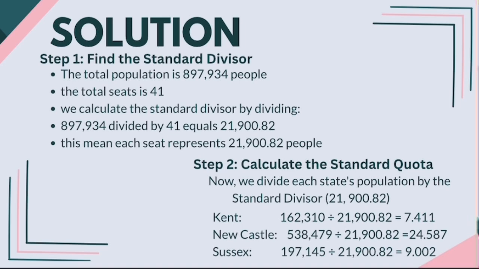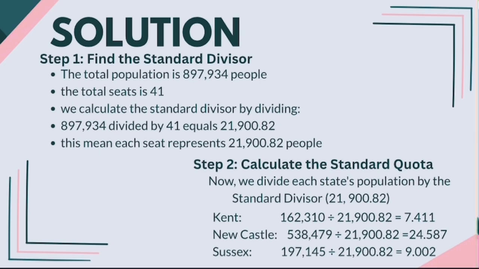We calculate the standard divisor by dividing 897,934 by 41, which equals 21,900.82. This means each seat represents 21,900.82 people.